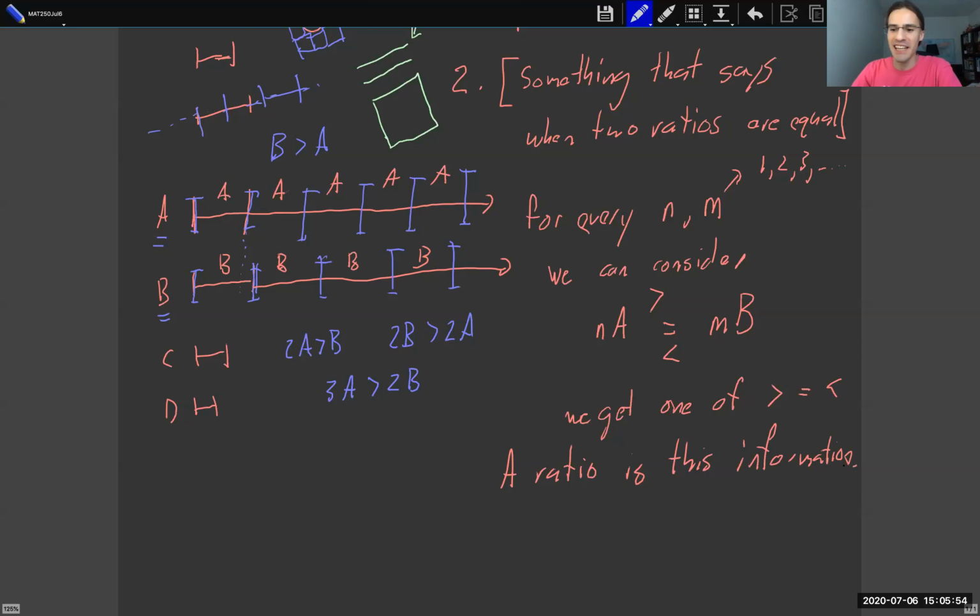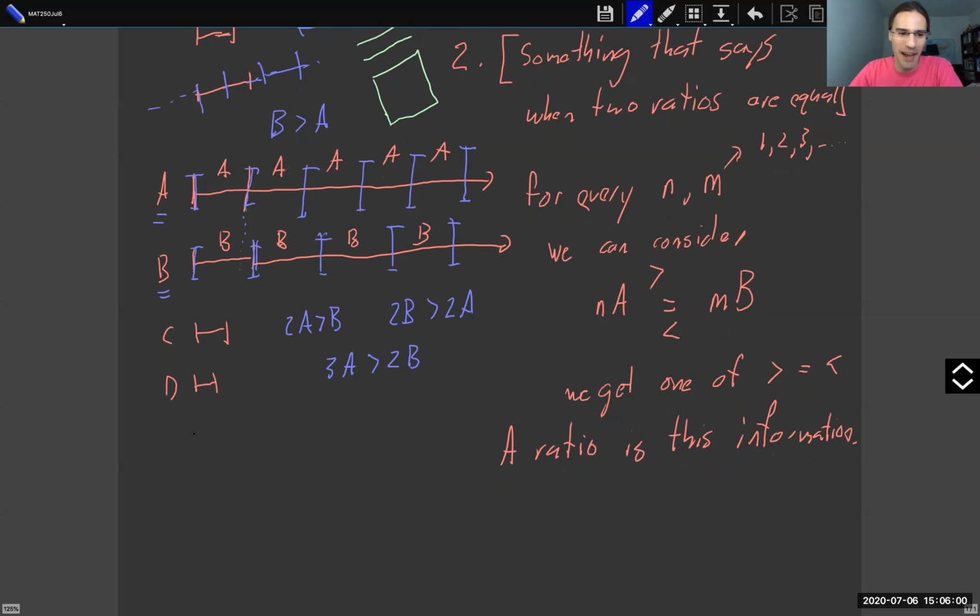Now, if you want to say it precisely in Greek terms, well, translated by Heath, this is a complete mouthful. Two ratios are equal. And let's say these are ratios of A to B and C to D. We call this the first to the second, and the third to the fourth.